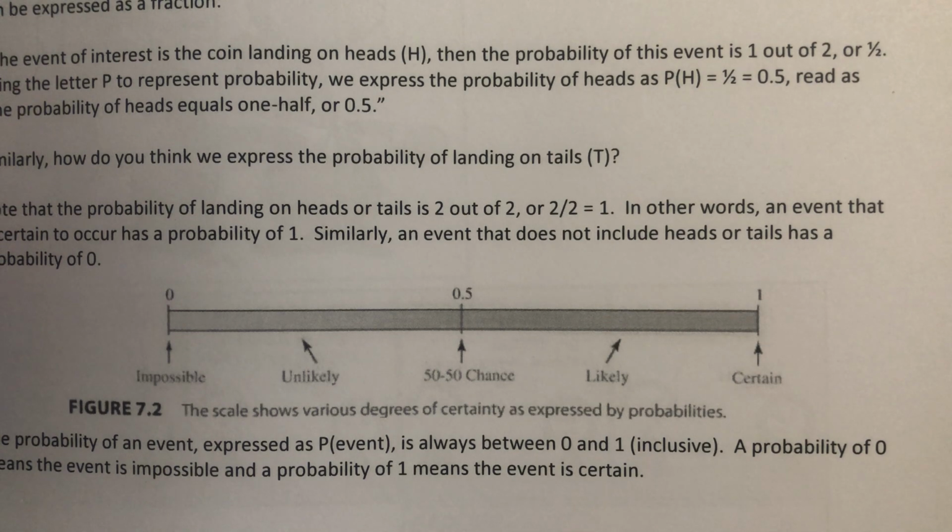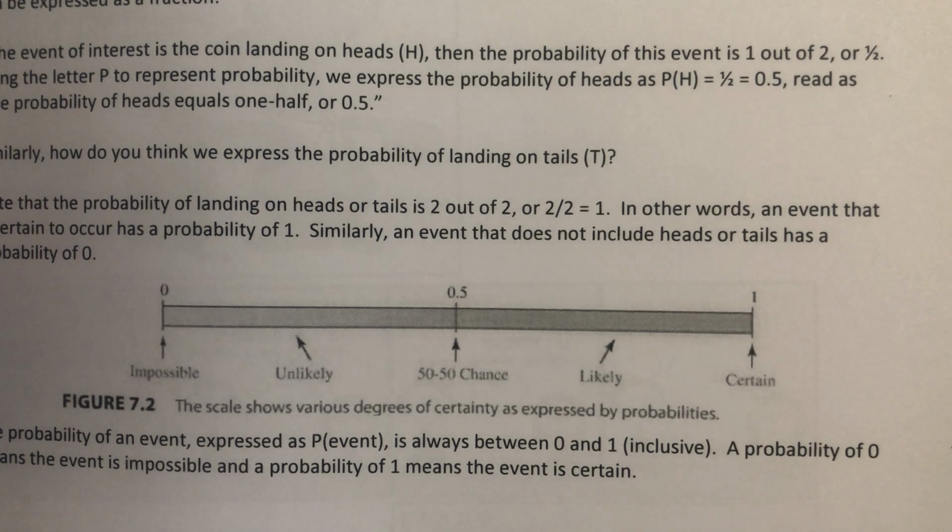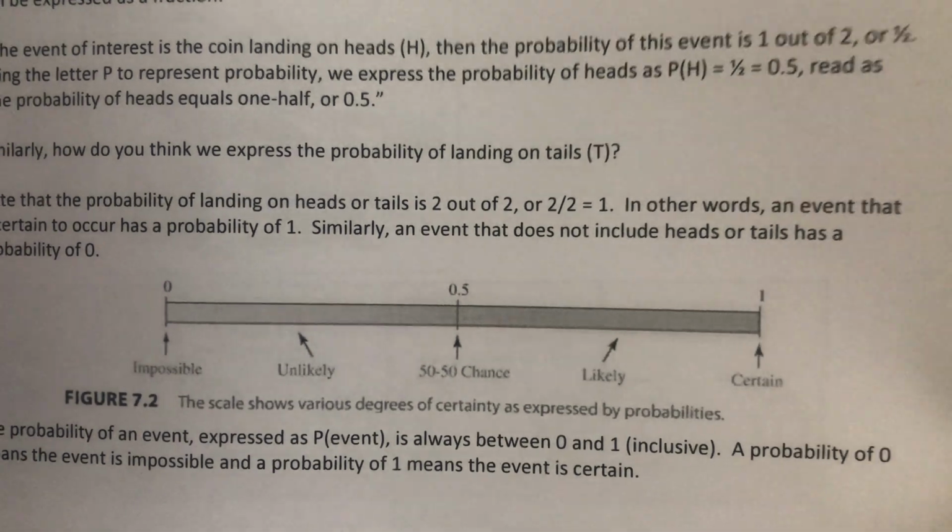So if I have a dice 1 through 6, what are the chances of rolling something less than 7? Well, all those numbers are less than 7, so it's going to be 100%. So if you get a number less than 0, if you get a number greater than 1, when you're dealing with probability, you've made a mistake somewhere. It's just kind of as simple as that.